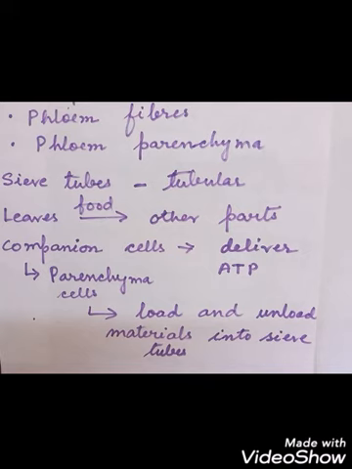So it can move the materials upwards and downwards both. Okay, so these are the points that we have discussed about plant tissue, where we have now discussed the complex permanent tissue. Now we are going to the animal tissues.